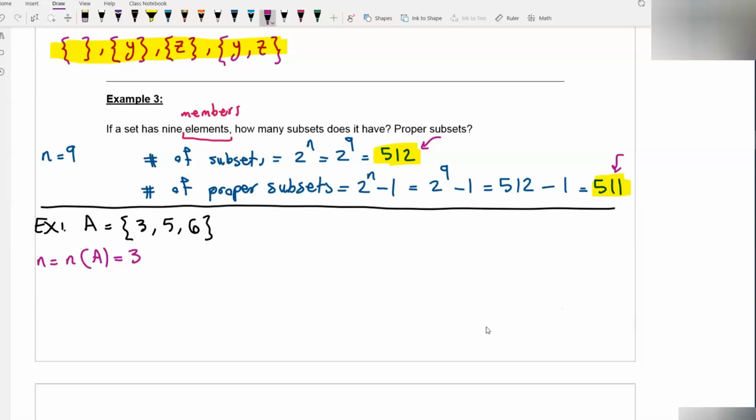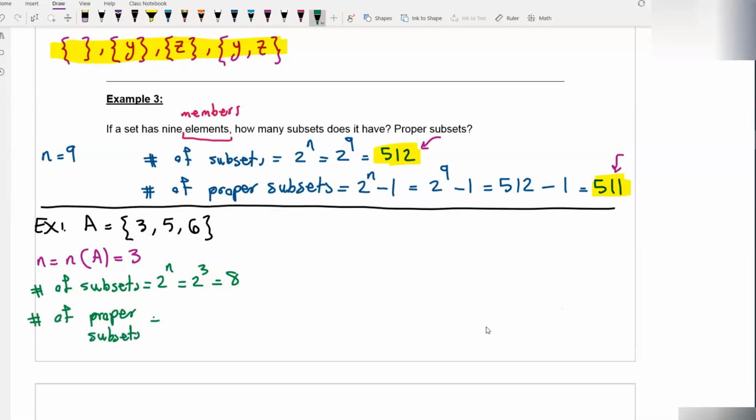But instead, I'm working on another one having 3 only, to see what is the difference between subset and proper subset. The number of subsets, so it's 2 cubed is 8. And what is number of proper subsets? That is equal to 2 to the nth power minus 1. It's 2 cubed minus 1.